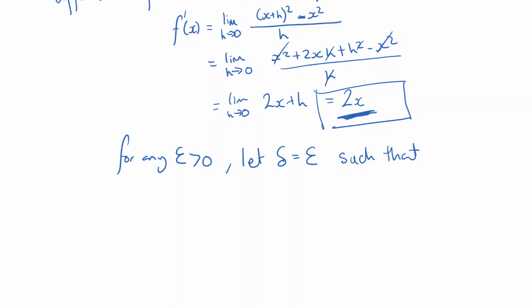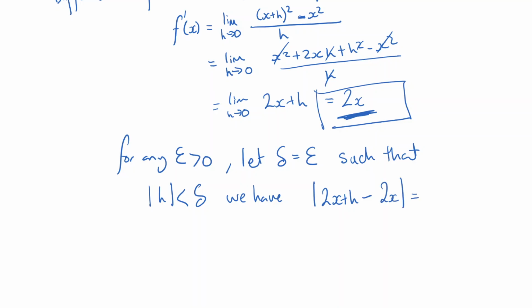in our definition, it was h, so h is our x in our definition, minus a, but a is 0 because h is tending to 0, so it would be the same as writing h minus 0, but we don't have to, is less than delta. Then we have, if you just think back to the definition, the equivalent of f of x is going to be the 2x plus h minus the limit, so we think the limit is 2x, right?